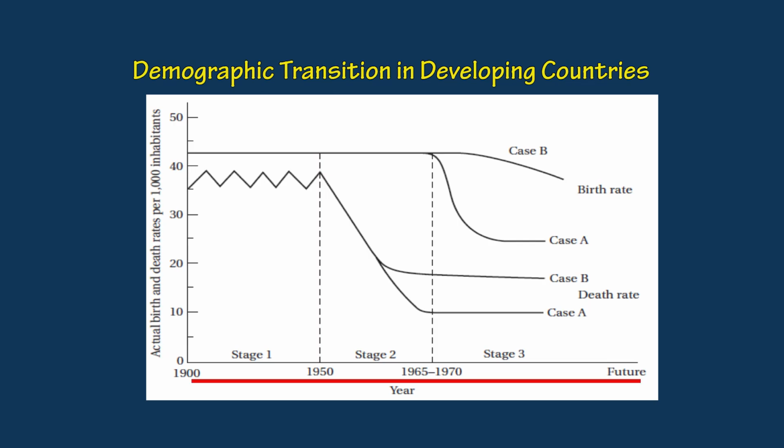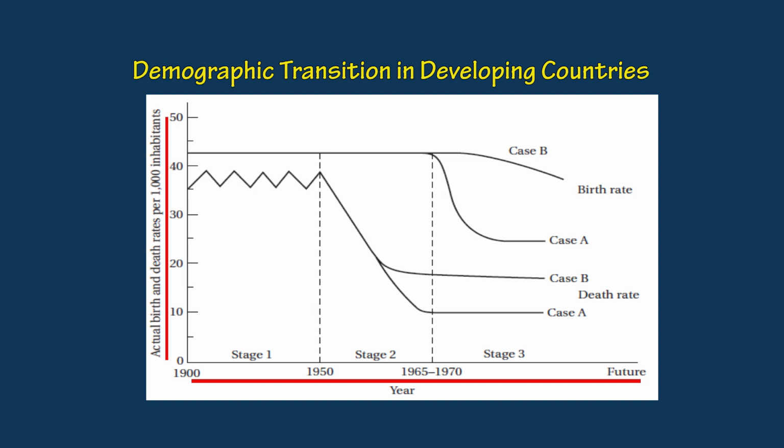The x-axis is once again the timeline, and on the y-axis we are measuring birth rate and death rate, right? One significant change here is the change regarding the timeline. Here the timeline starts from 1900 onwards, all right?